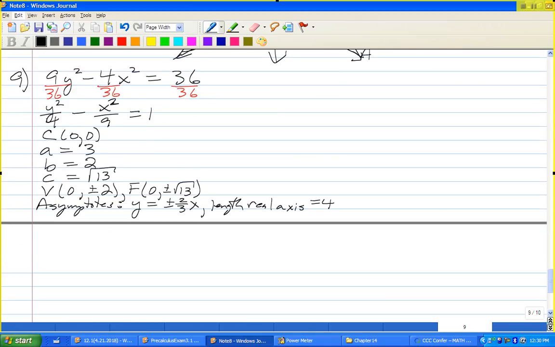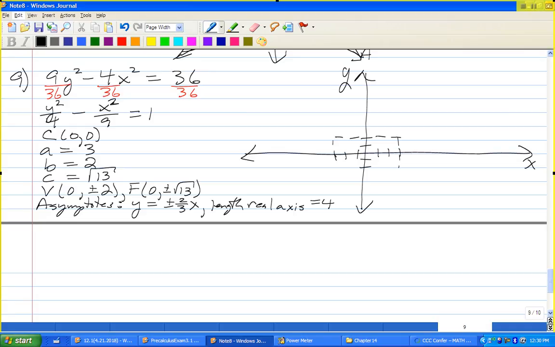Okay. So let's draw this. Okay, so go 3 in x, 2 in y, draw the diagonal of the bounding rectangle.